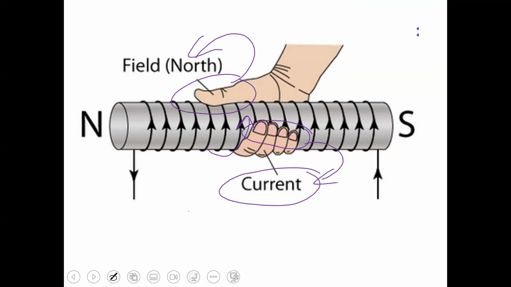So this is called Fleming's right hand grip rule. In this rule, you show the direction of current and you will get the direction of north. If you hold the solenoid like this and the thumb is pointing to the right, north will be to the right side. This rule is applied specifically for a solenoid.